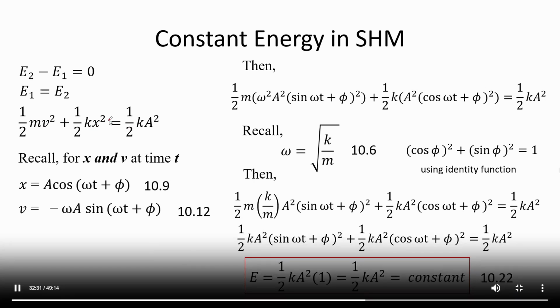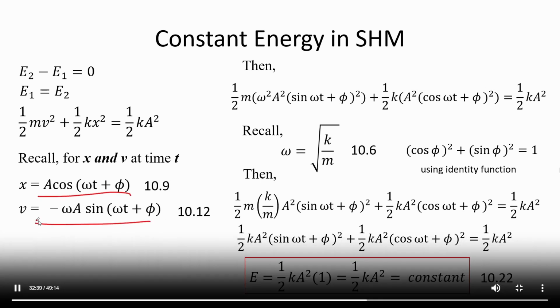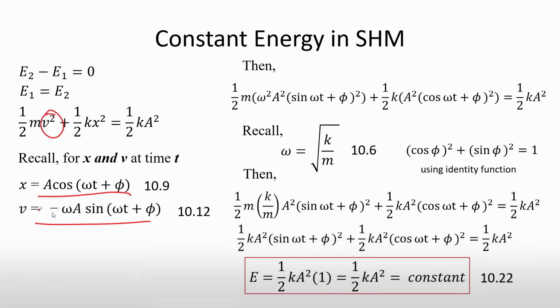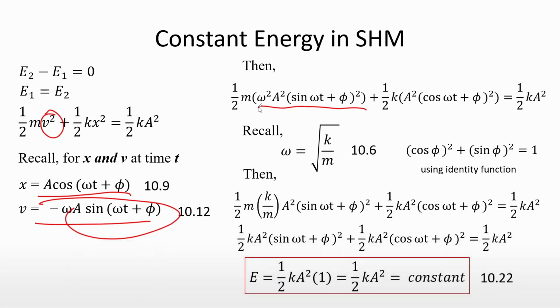So let's recall some functions here. Your position x is a cosine omega t plus phi. Your v is negative omega a sine omega t plus phi. Let's substitute. From here, you take the v squared of this one. You have this one here, so the negative sign disappears. It simply becomes omega squared a squared sine squared of omega t plus phi.